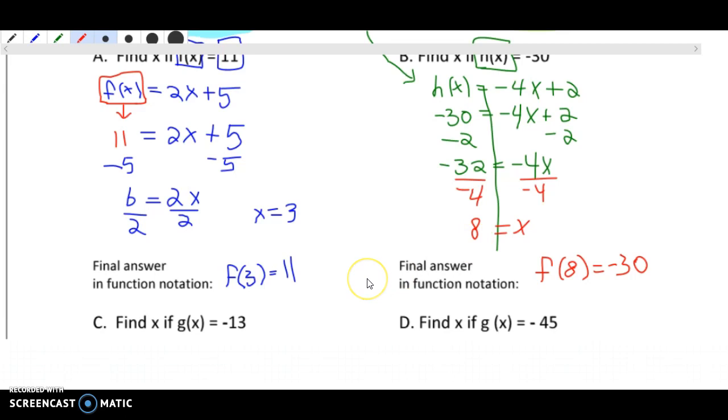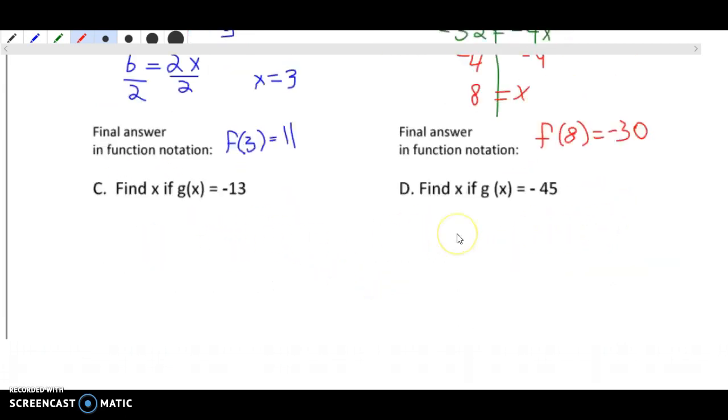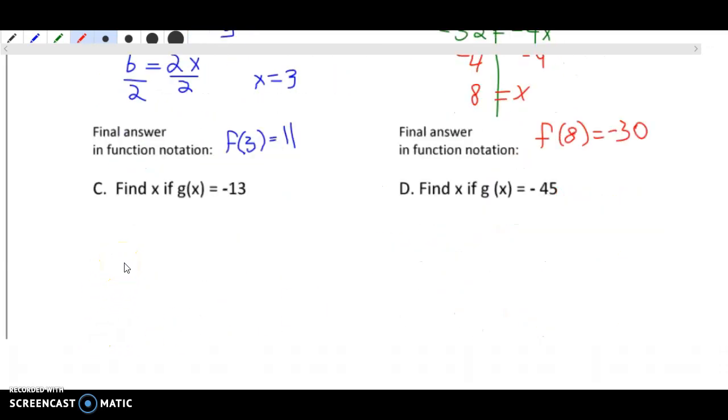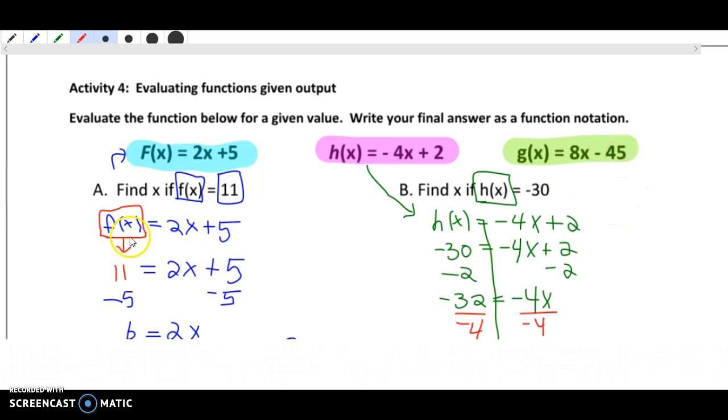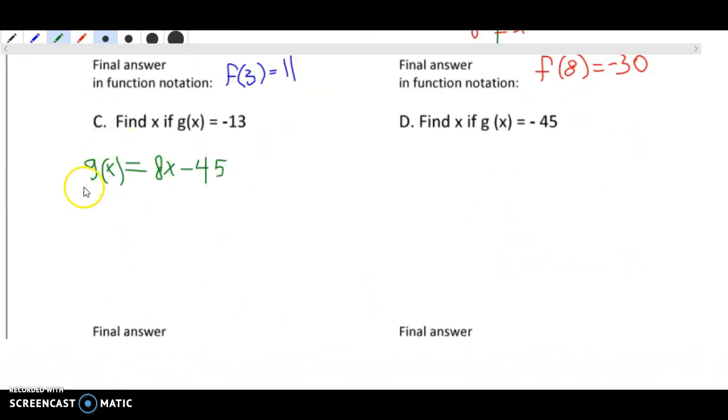Okay. Now have you try example C, D, E, and F on your own. I will give you the answer to example C using the g function, and then you'll have to do the rest on your own. So here's my g of x function, which is equal to 8x minus 45. I'm going to replace g of x, the left side of the equation, with negative 13.